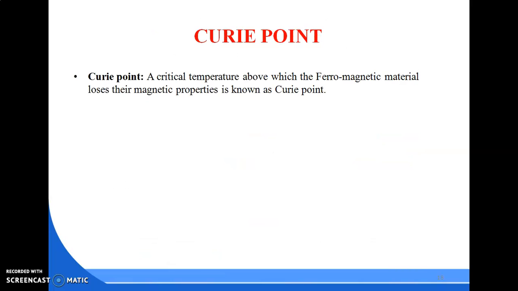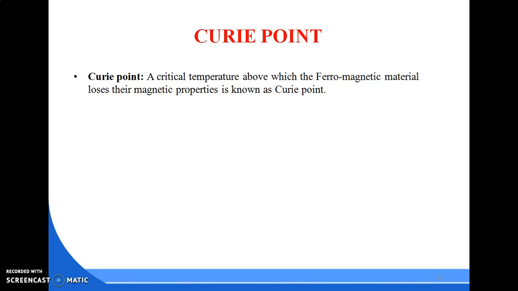Then we will go for the Curie point. What is this point? This is called a Curie point. It is a critical temperature. This is important, you will get 2 marks in your semester examination. The Curie point is a critical temperature above which the ferromagnetic material loses its magnetic properties.